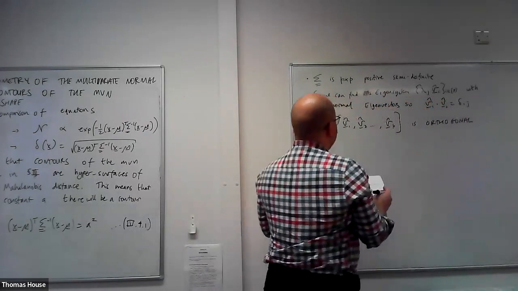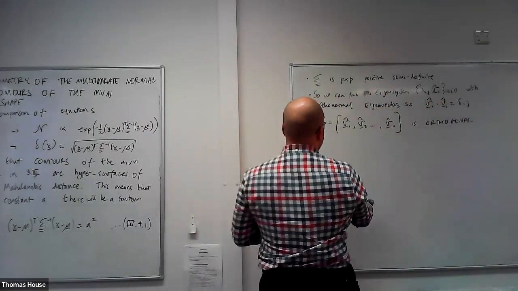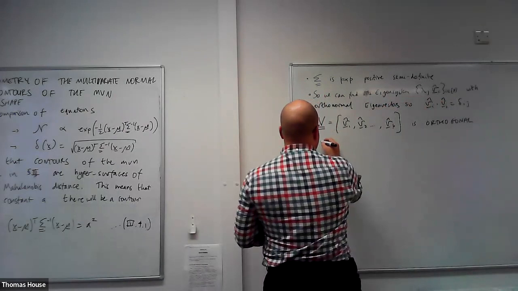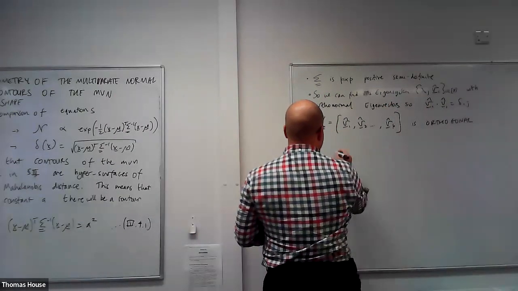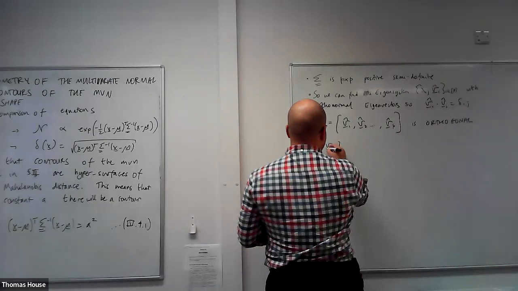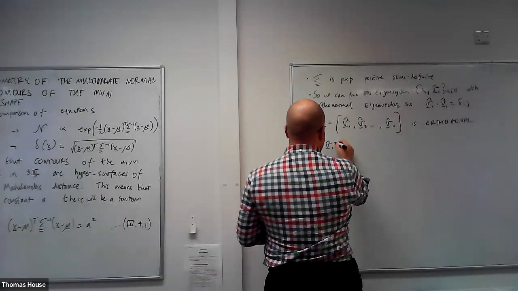Okay. And the way to see that is to consider the matrix like this, where the b's are its rows.